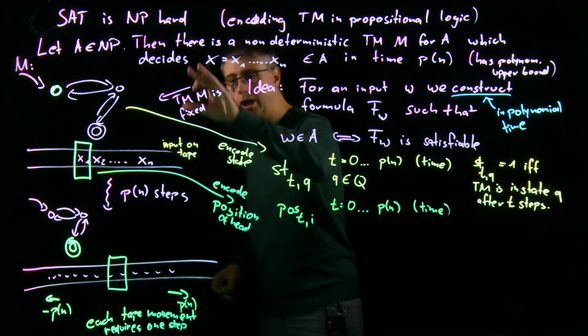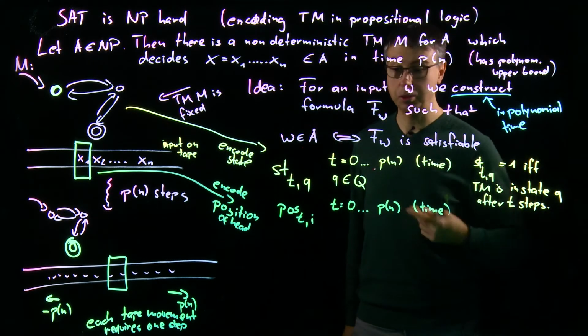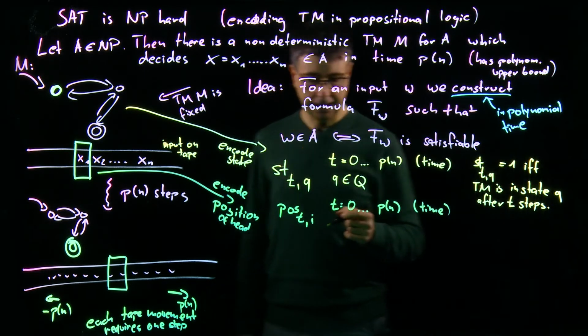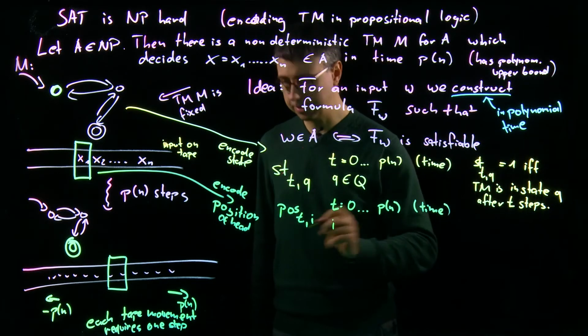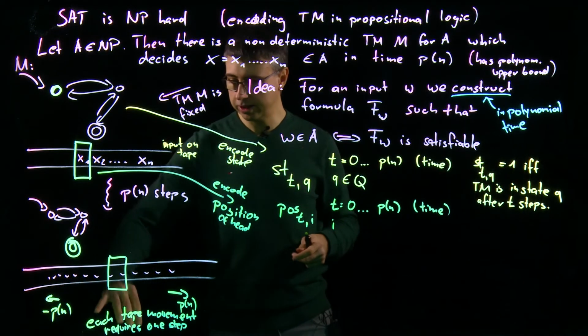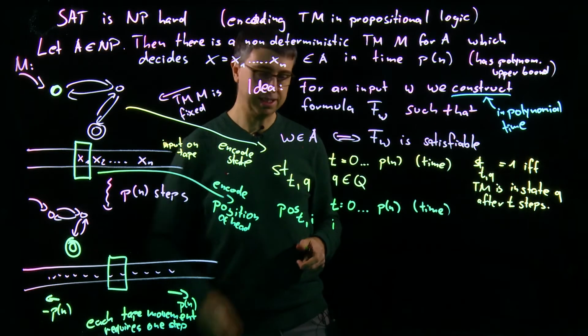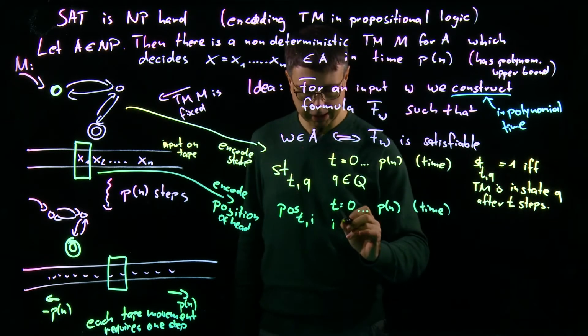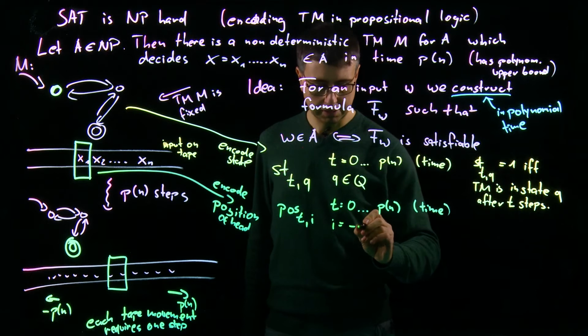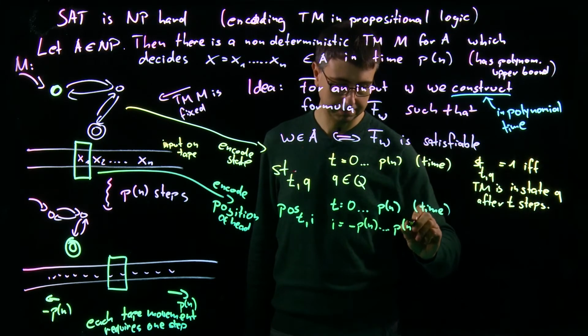And this Turing machine only has p of n steps, so these are the only time stamps we can actually have. And the I is the position of the head. And we have already deduced that the head can only move from minus p of n to plus p of n. So I is something from minus p of n to plus p of n.